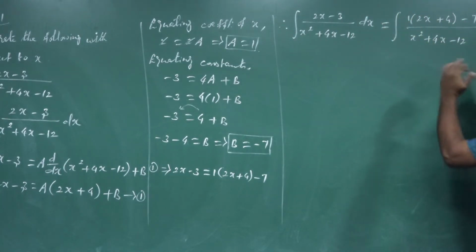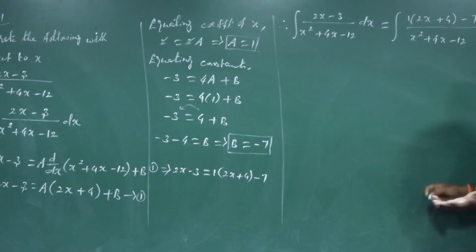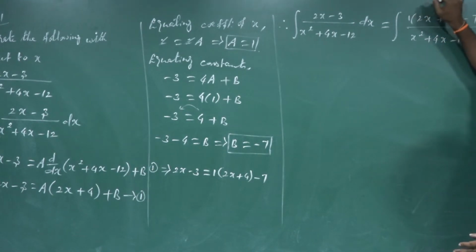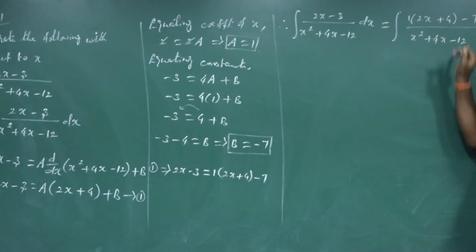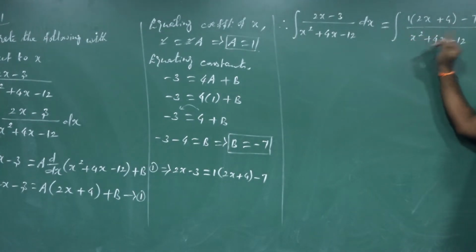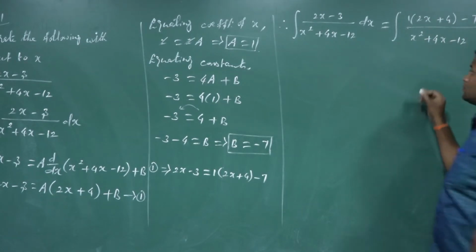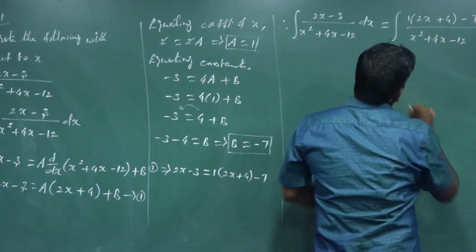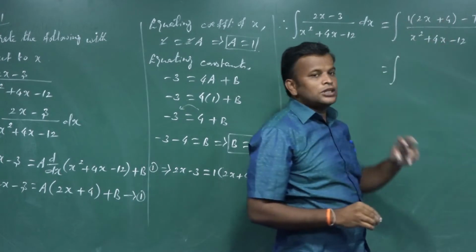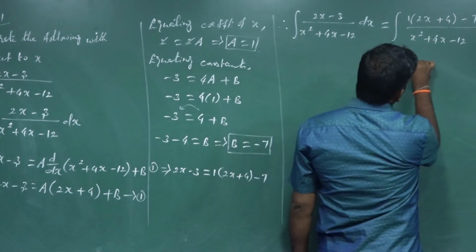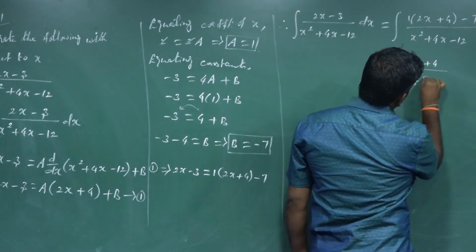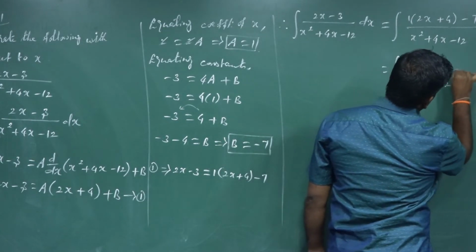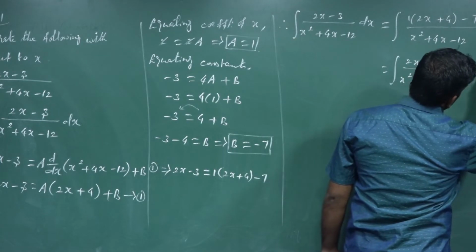What is the reason to write in this manner? The next step, don't change, we multiply inside. As it is the same term, we split in 2 terms. In the bracket, 1 term we consider, and the remaining one is another term. Now, 1 into 2x plus 4 is nothing but 2x plus 4, so I write it is 2x plus 4 whole divided by x square plus 4x minus 12 into dx.